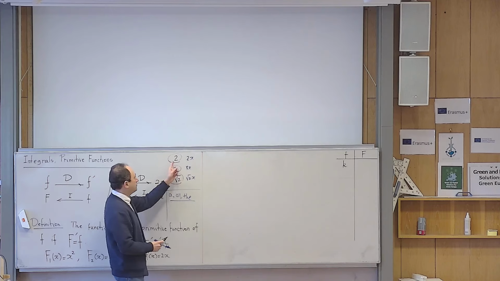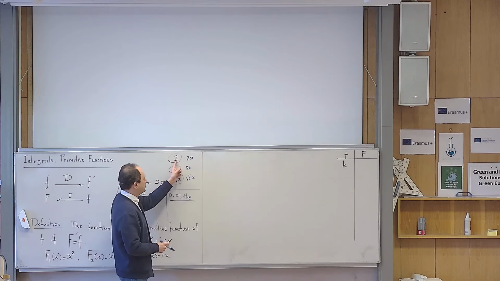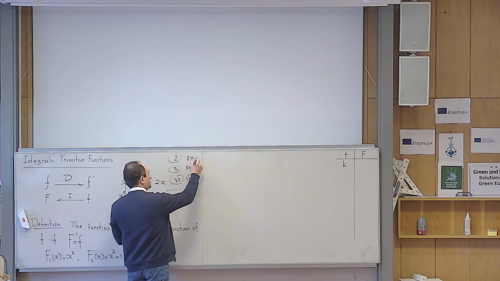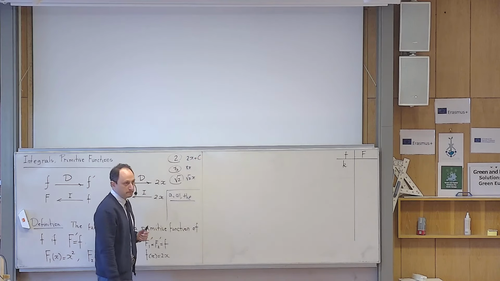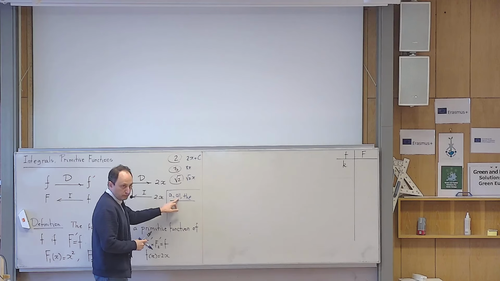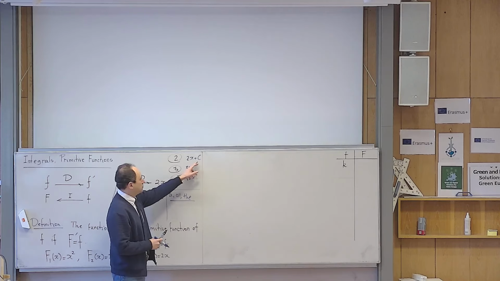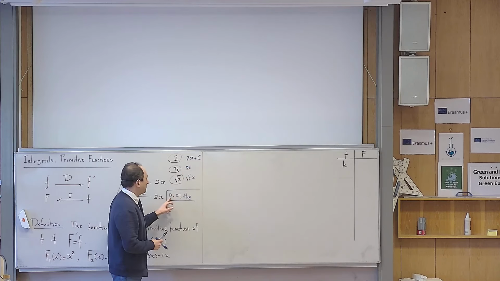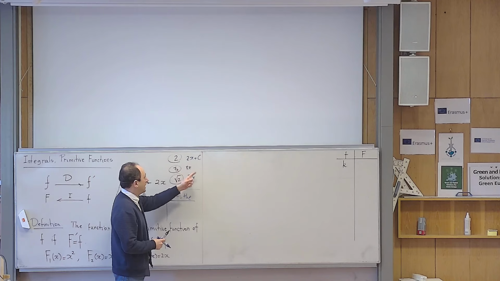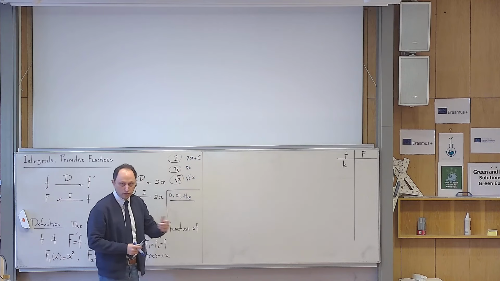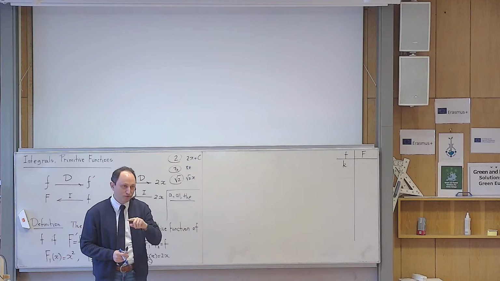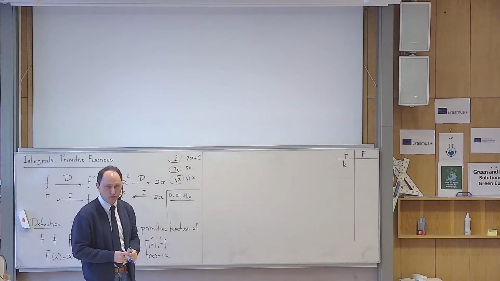So if they ask you to find all primitive functions of 2, you have to show the respect to this and write 2x plus c. So this is all. If they say a primitive function, it means that you are allowed to choose c whatever you like, but don't write c, because if you write c, it means that you are writing all of them.